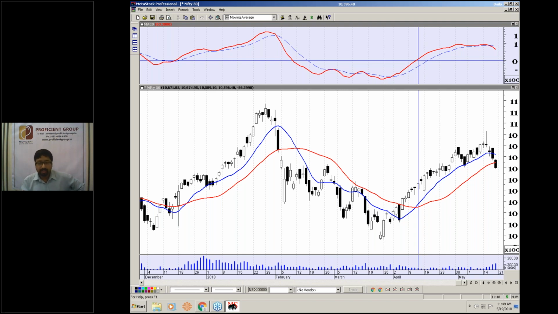But the first thing is that we get a signal of buying or selling depending upon whether the MACD line is crossing over the signal line. For a bullish crossover between the MACD line and the trigger line, we get a buy signal, and for a bearish crossover we get a sell signal.